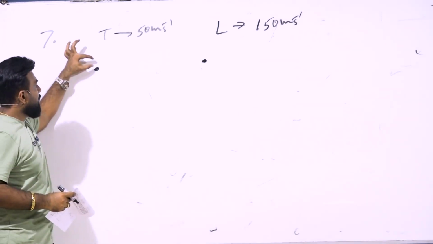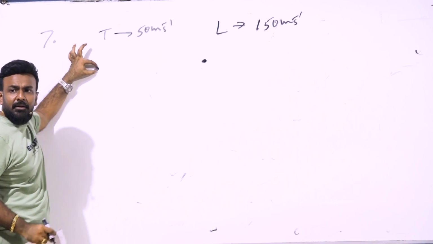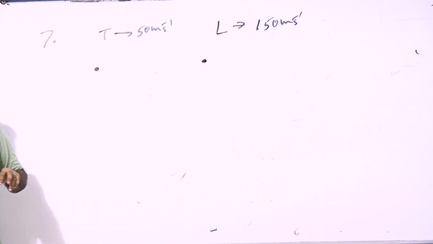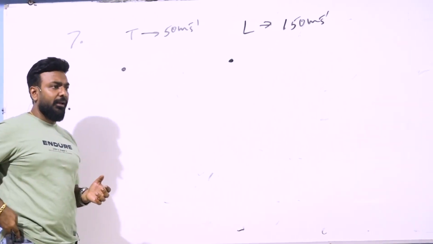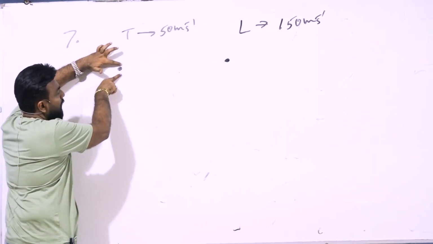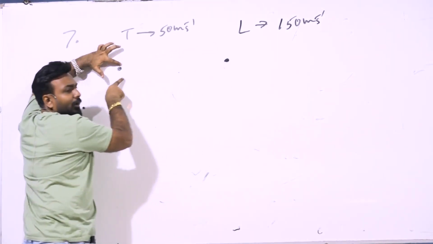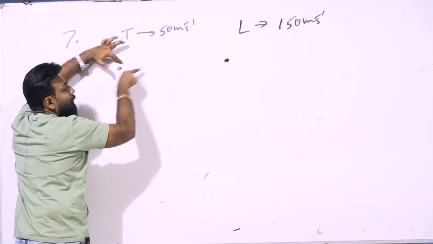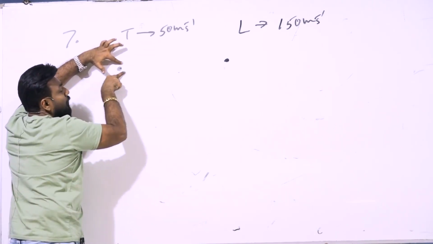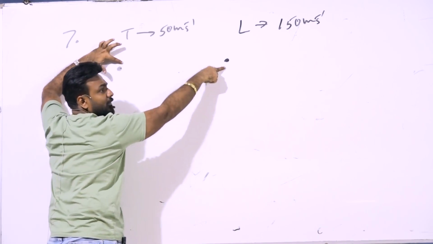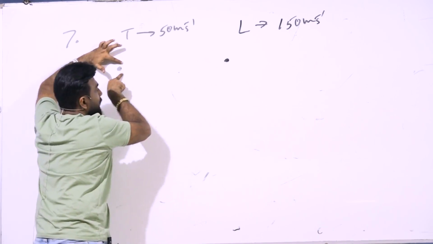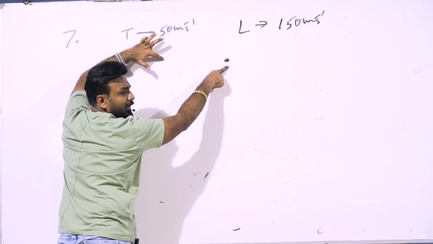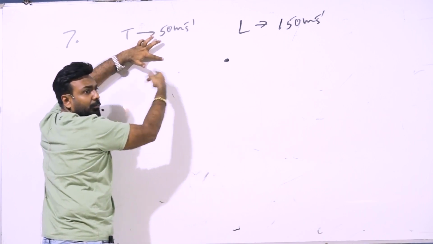Just think, at the same moment, two vehicles start to move. One has velocity 150, the other has velocity 50. Which comes to that point quickly? That one goes fast because its velocity is 150. The other one will still be somewhere between those two.